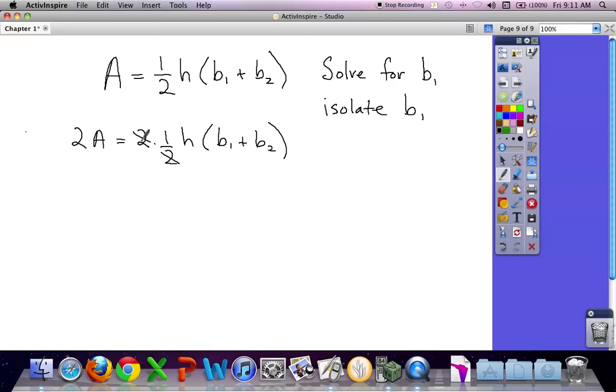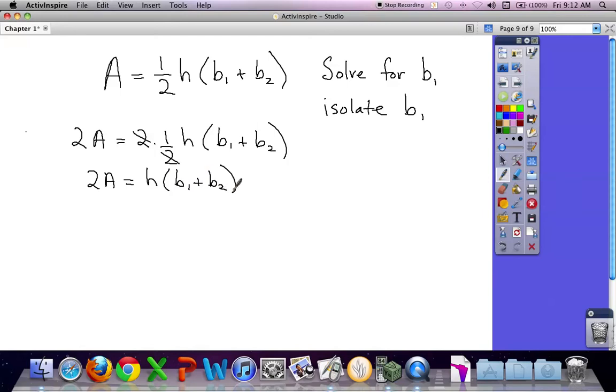So that's why we always multiply by the reciprocal. Multiply by the reciprocal of 1/2, and that will remove that from the right-hand side. But if I multiply the right by 2, I've got to multiply the left by 2. Okay, so now I'm sitting at this step. 2a equals h times B1 plus B2.